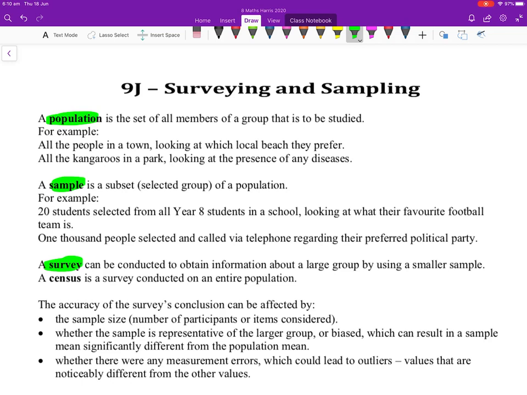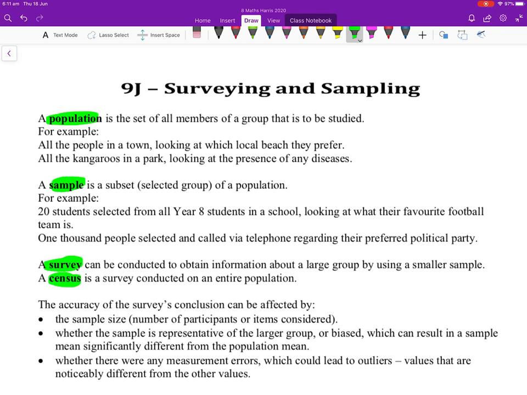For example, if I wanted some information about Central Coast Adventist School, I might do a survey, and I wouldn't ask everybody. I might just ask randomly 100 people as they come in the front gate in the morning. That would be a survey where I just asked a group. A census means you ask everybody in the entire population.